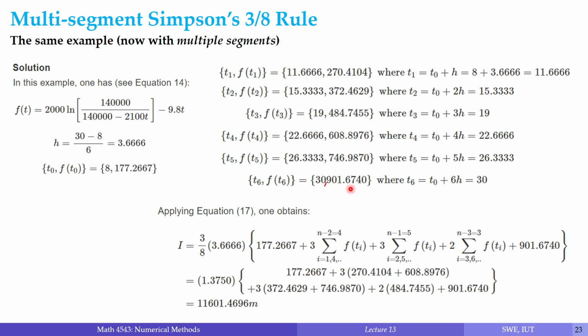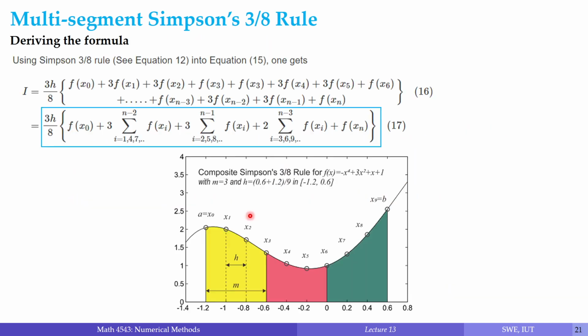Now that we know the functional values, the upper limit, the lower limit, and the value of h, we can simply use our formula and plug in the functional values at their respective slots. We just have to check whether the condition is being met or not. For the first term, our i values were 1, 4, 7, and so on. That means the value of i when divided by 3 yields a remainder of 1.